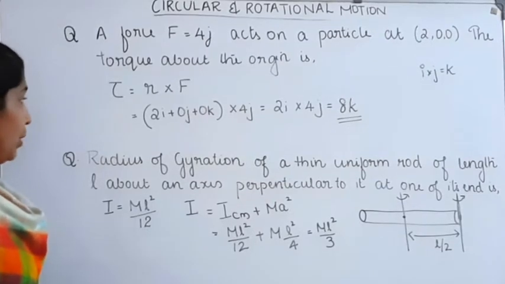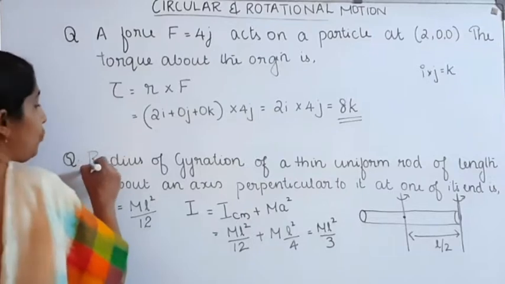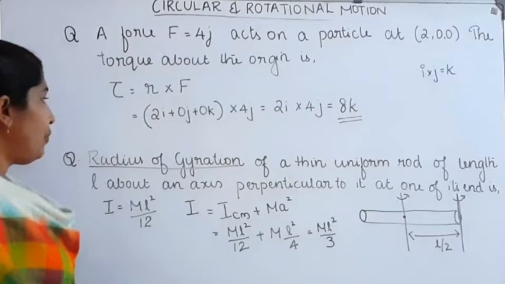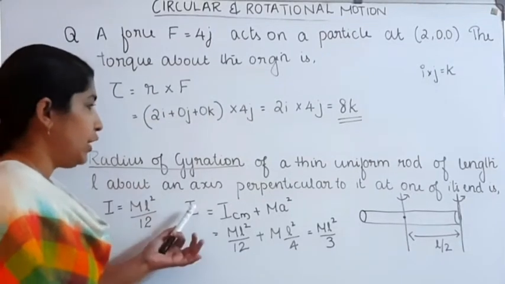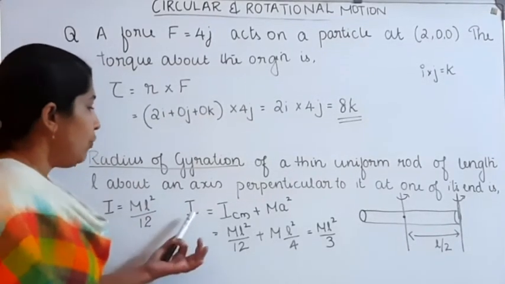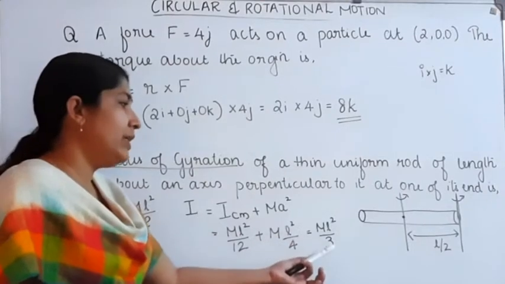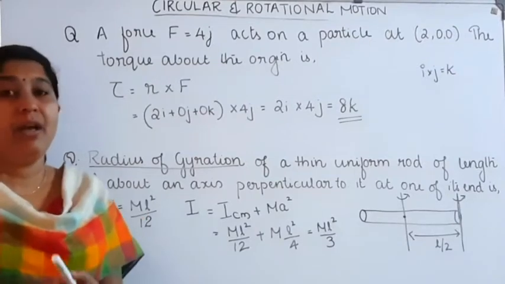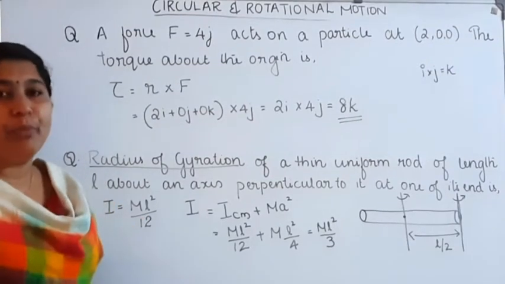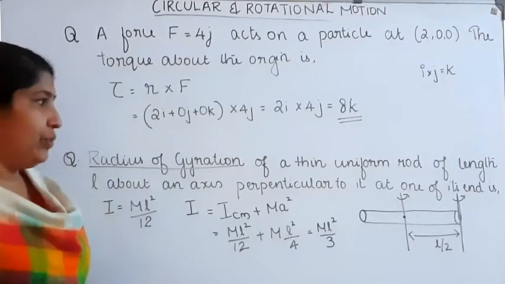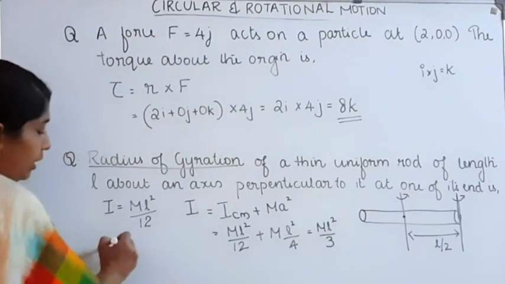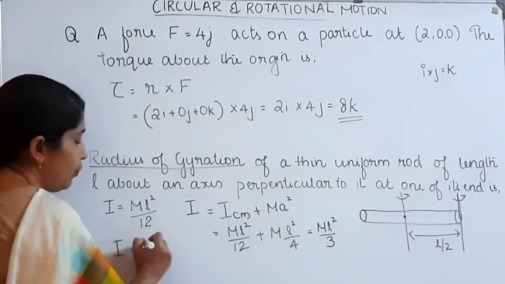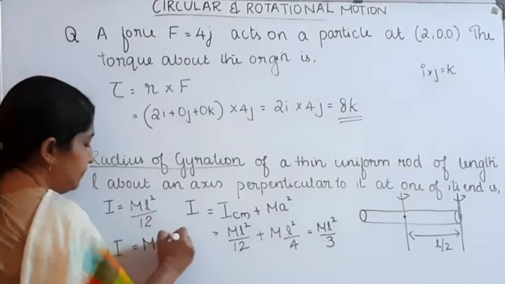Now we want to find the radius of gyration. First we need the moment of inertia: I is equal to ML square divided by 3. The moment of inertia in terms of radius of gyration is I equal to MK square.